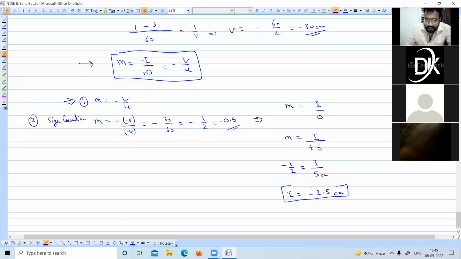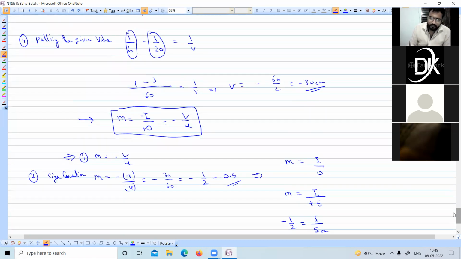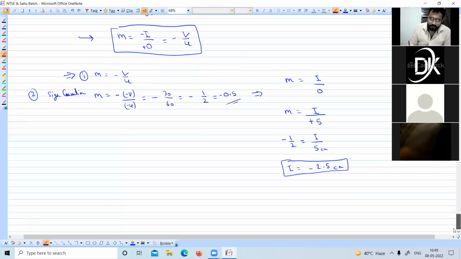So ultimately what you are getting is a diminished and inverted image, half the size of the object. Is it clear to everybody? Sir, that last formula, is that for the height of the object? Yes, beta. I means height of the image, O height of the object.